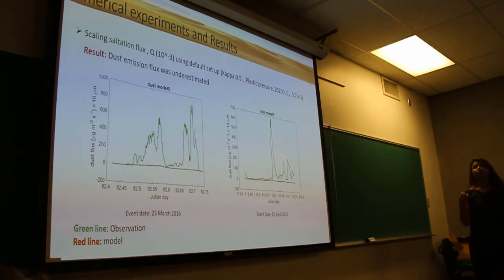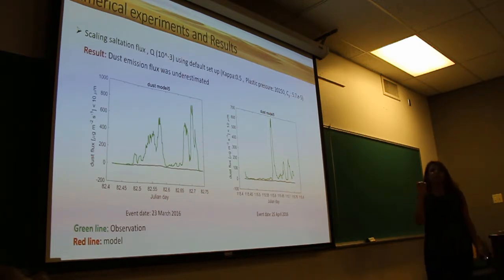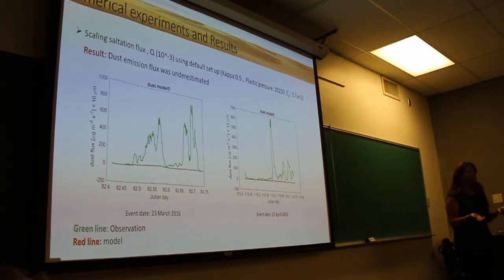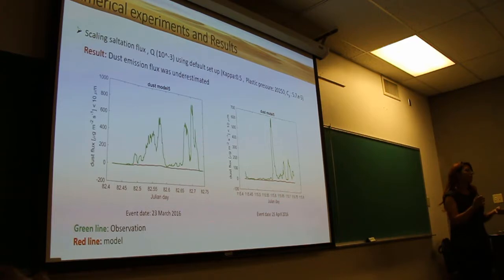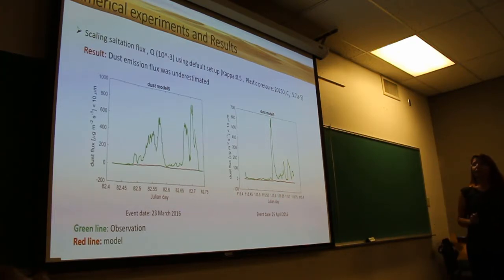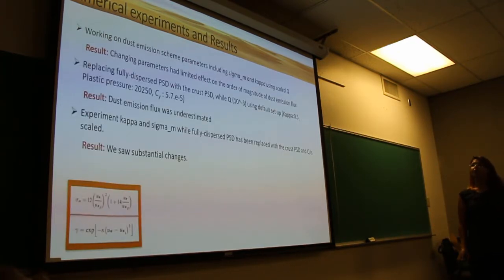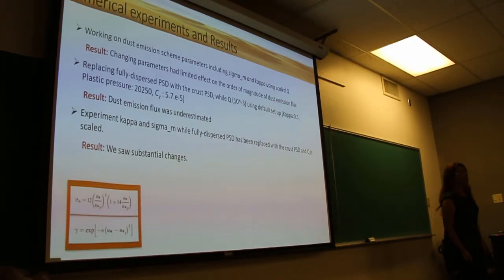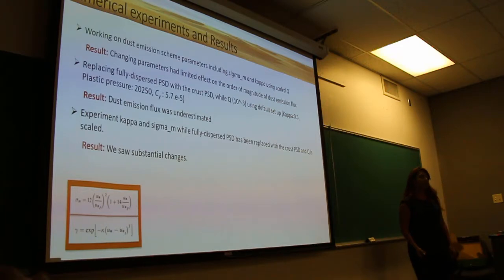So we are going to represent the thin crust surface in our data to get some difference between the fully dispersed and minimally dispersed particle size distribution. So we decided to replace the fully dispersed particle size distribution with the crust particle size distribution.